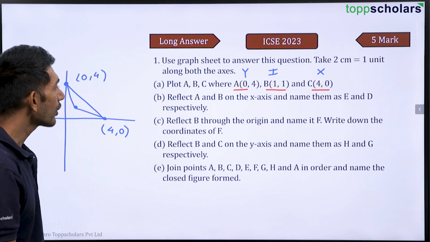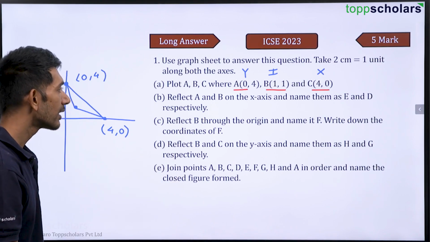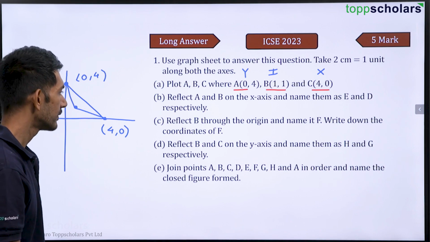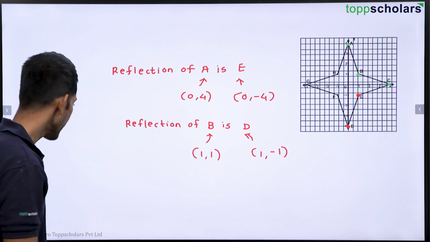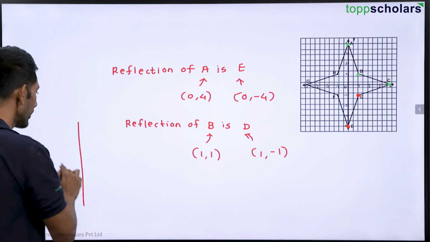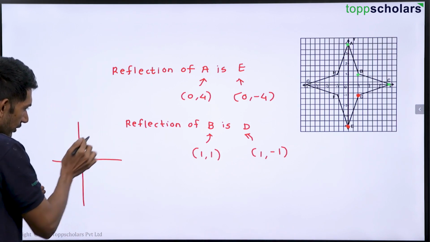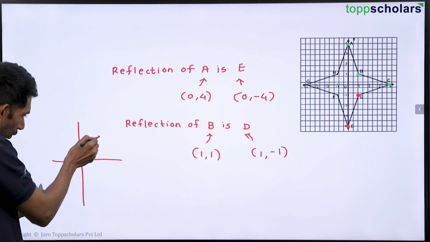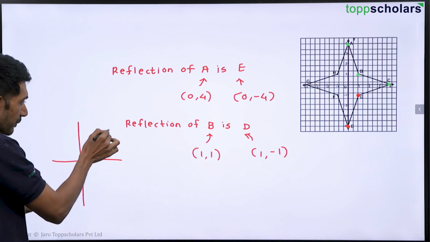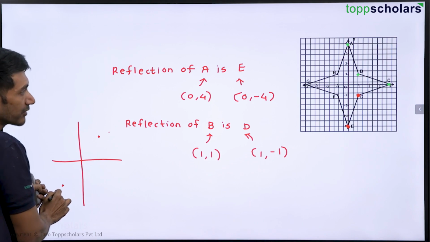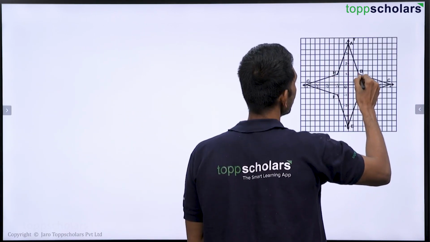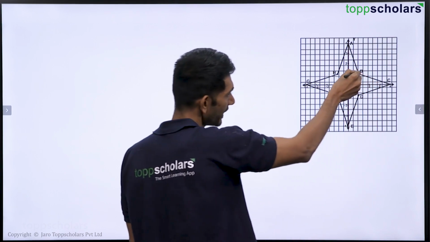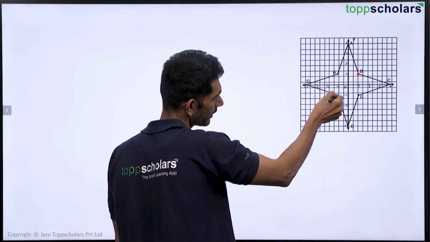Okay. Now reflect B through origin and name it F. So we're going to reflect B through origin. See, understand, whenever we reflect through origin, it goes diagonally. So if the point is here, under origin it will come here. So if it is plus plus, it will become minus minus. So if B is here, the reflection of B under origin is over here.